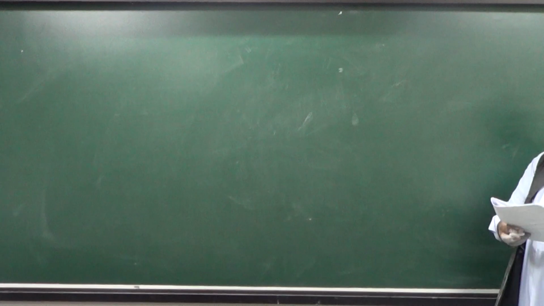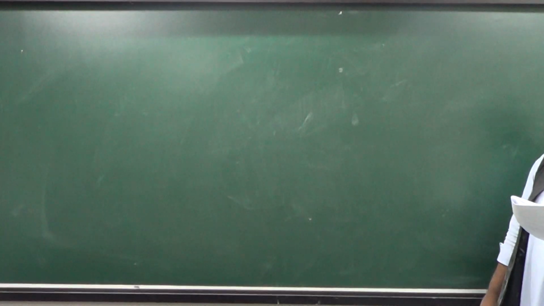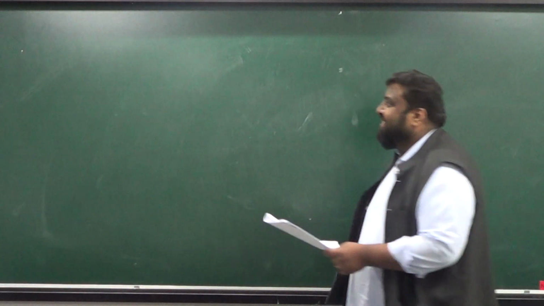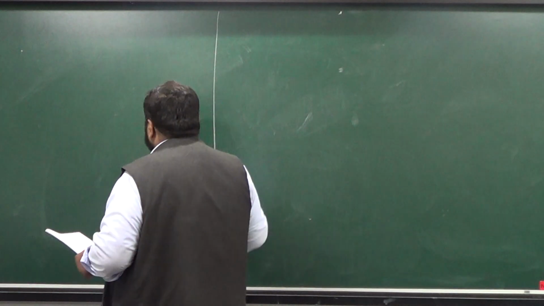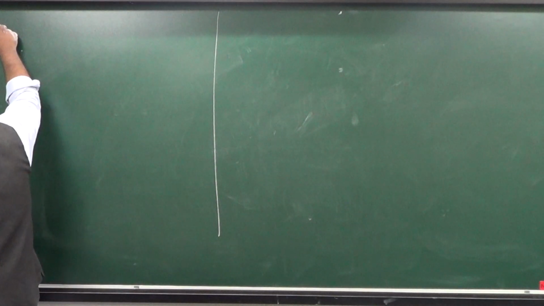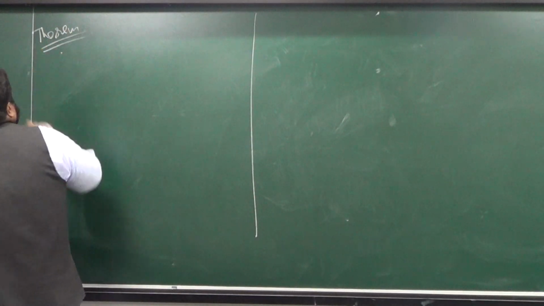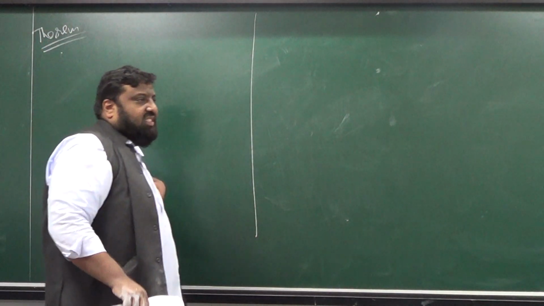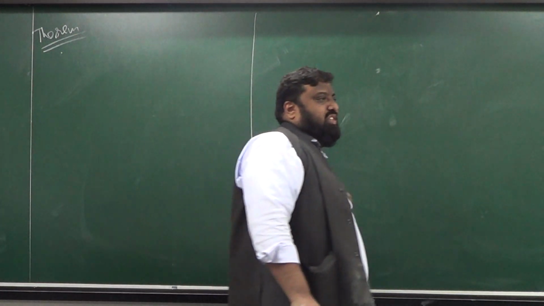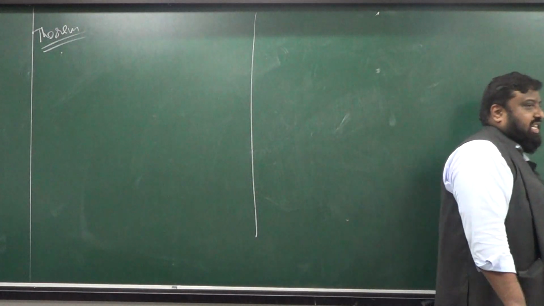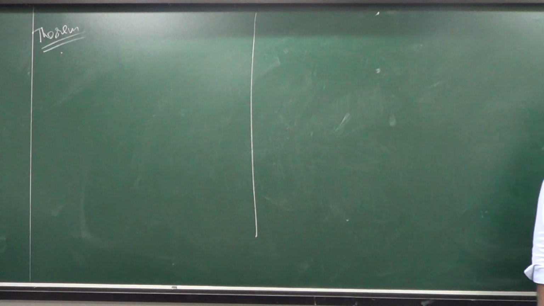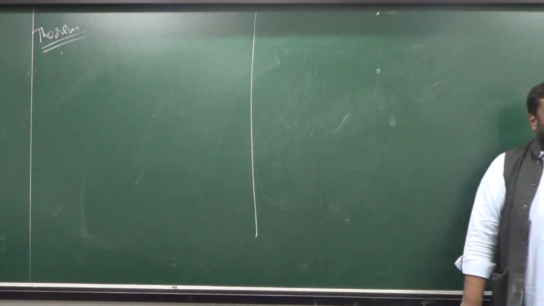So the rest is basically define ki ab tareef karni. So what is the most elementary theorem that you have learned about differentiation when you learn, for example, 1D calculus? Most elementary theorem, pehla theorem.